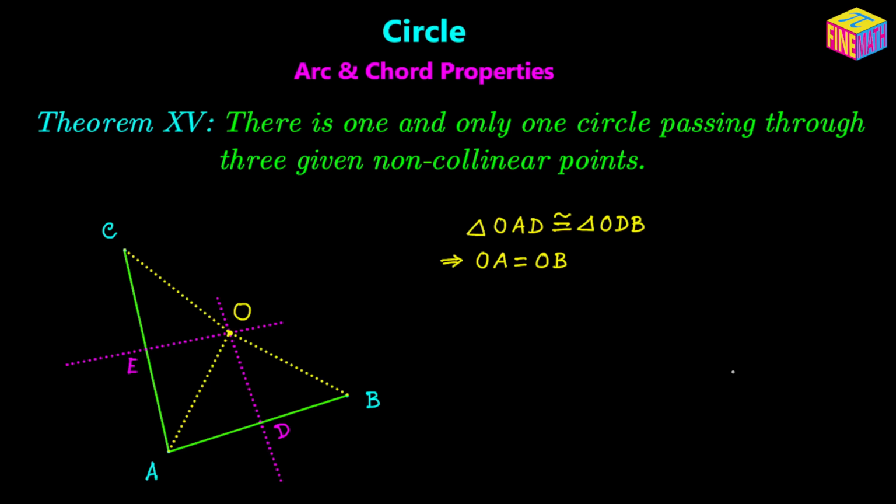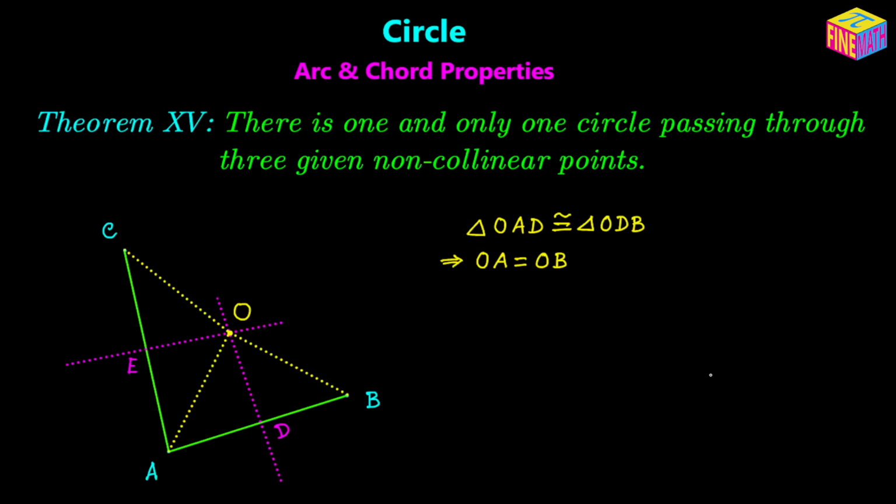Similarly, let's take a look at the other two triangles here, triangle OAE and triangle OCE. Again we have the same type of situation there. AE is equal to EC because OE is the perpendicular bisector for the line segment AC. So AE and EC are the two equal portions of the line segment AC.